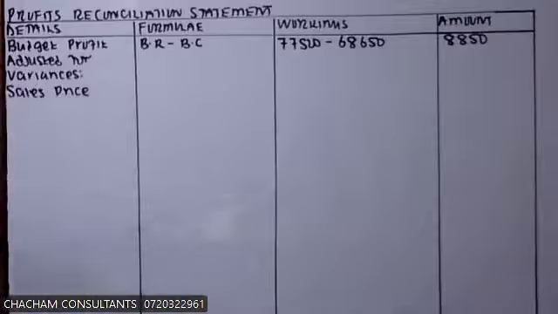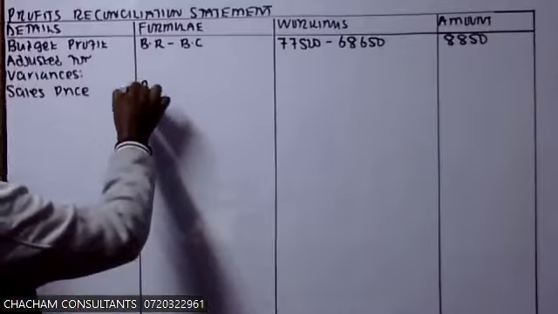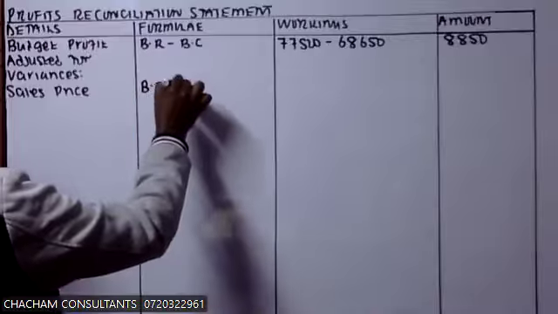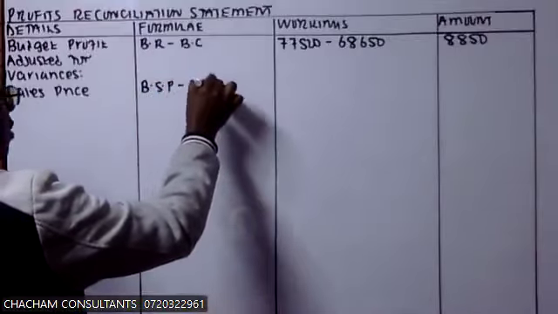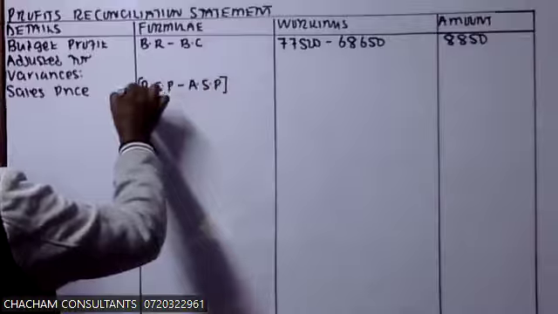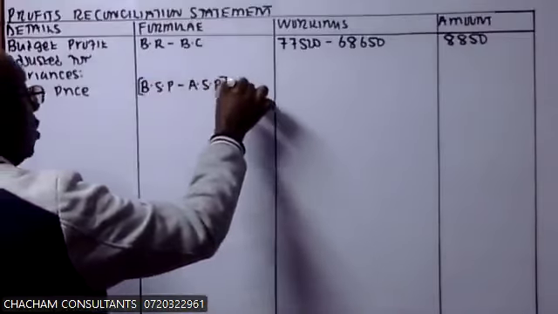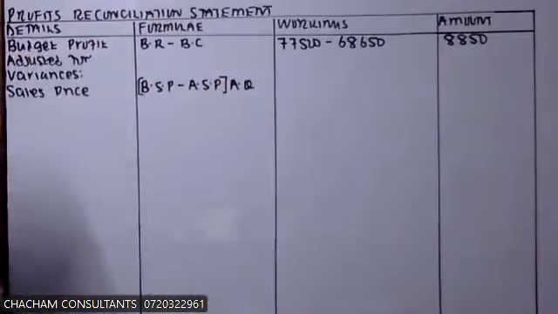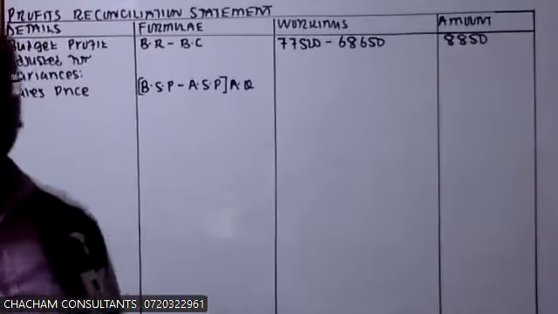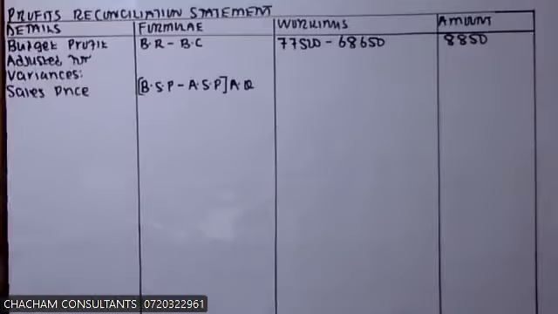Now sales price, it is given as budget selling price minus actual selling price, you multiply by the actual quantity.